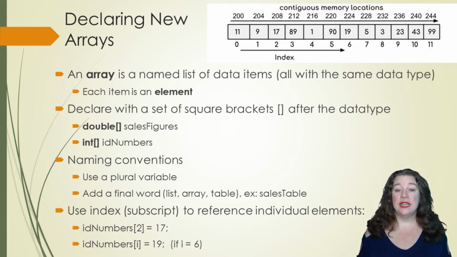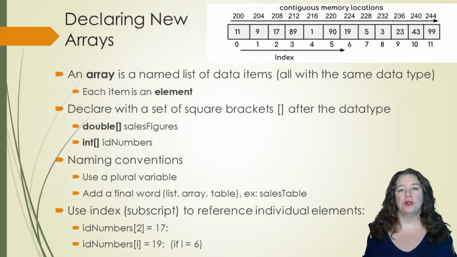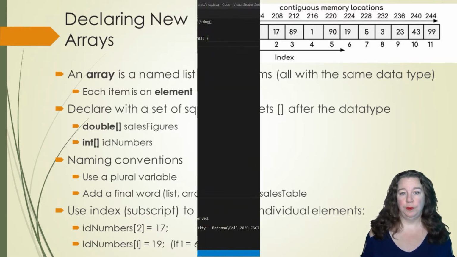By the way, that index number can be a variable. So it can be an i for an iterator, or it can be a num or some sort of variable name, as well as just an individual actual number. Those numbers would always be integers if you were going to use them. But in this situation, you can always use a variable. And we're going to show you a couple of different ways to do that in our code.